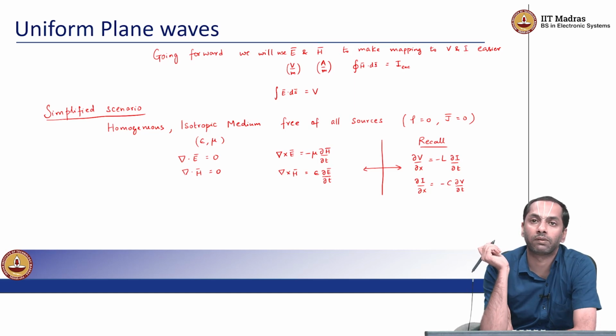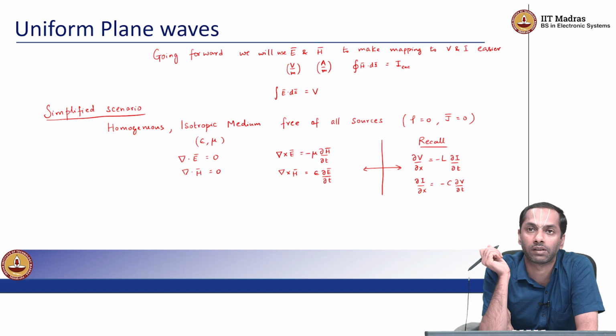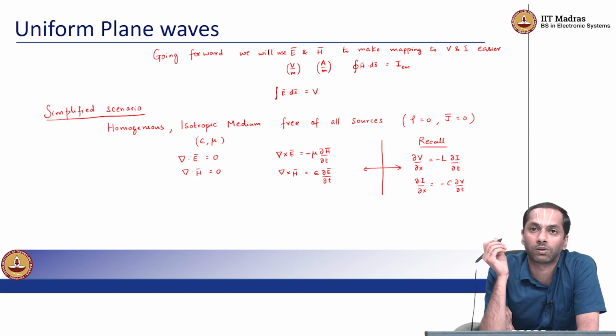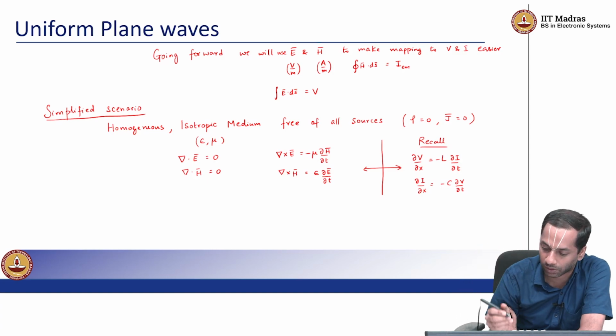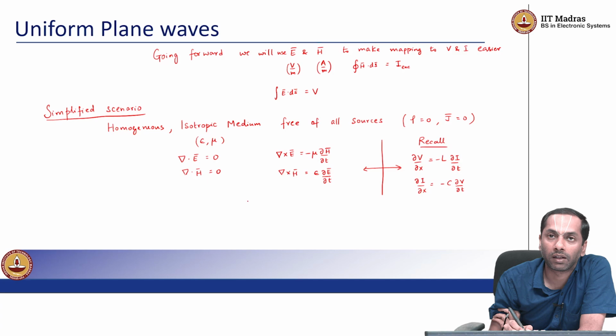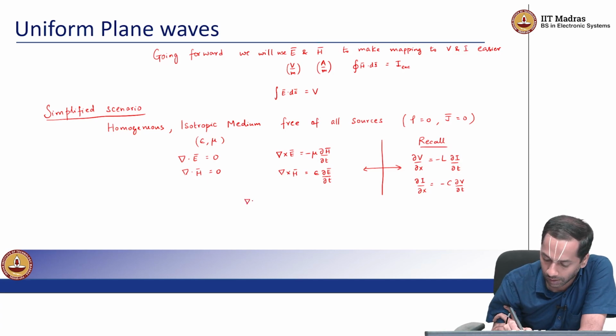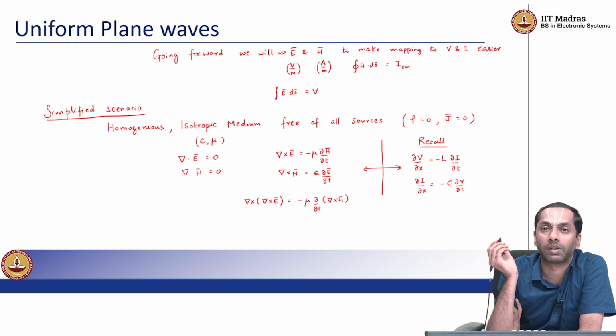Okay, so remember what was the trick we did? Since V and I were coupled to each other in this coupled differential equation, we took the derivative of the first equation with respect to x, and then we used the information from the second equation into that to actually get the wave equation for voltage and current, right? We are going to do the same in the parlance of vector fields. We'll have to take the curl again, right? So we do curl of curl E is minus mu dou by dou t of curl of H. Okay, you shouldn't be surprised that I am doing this.